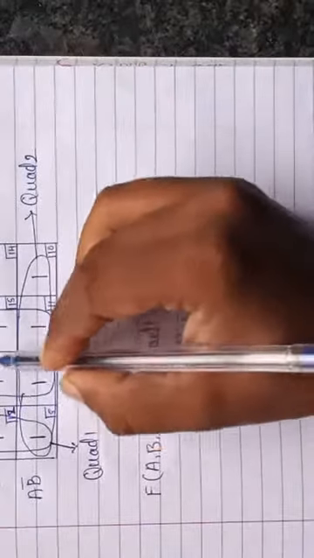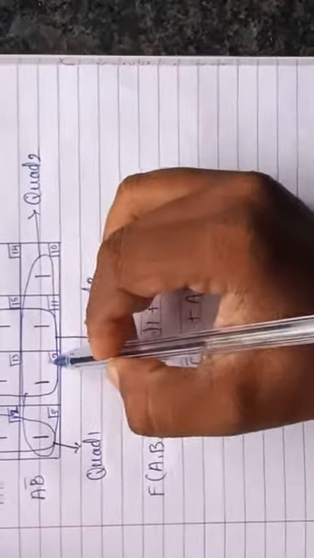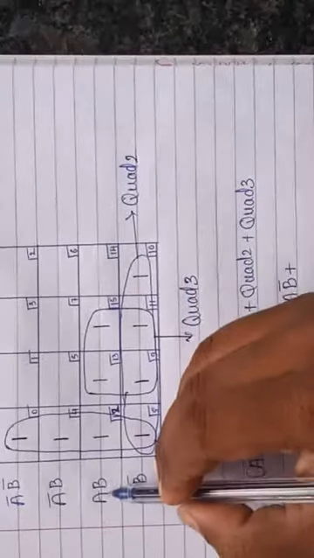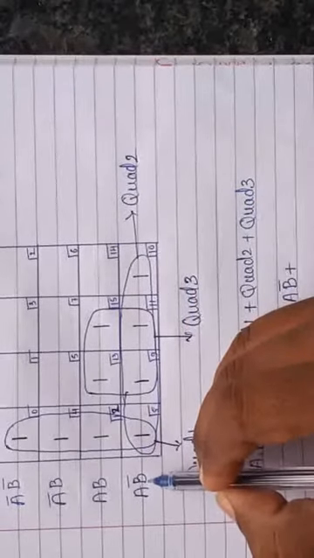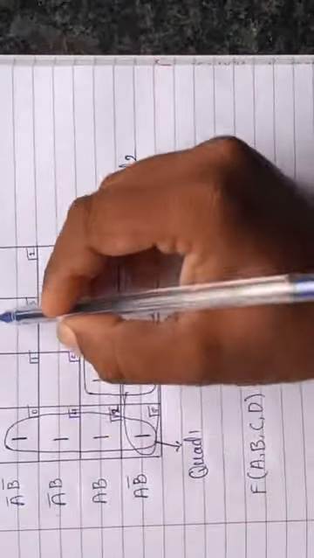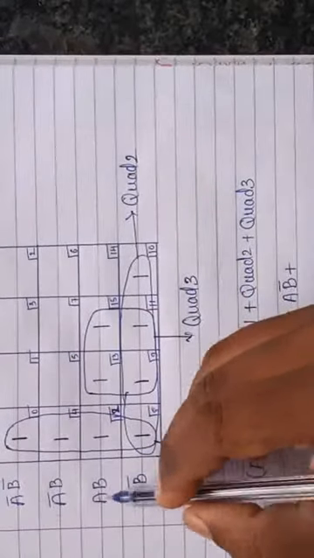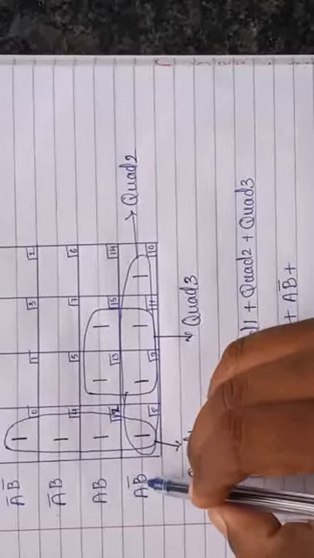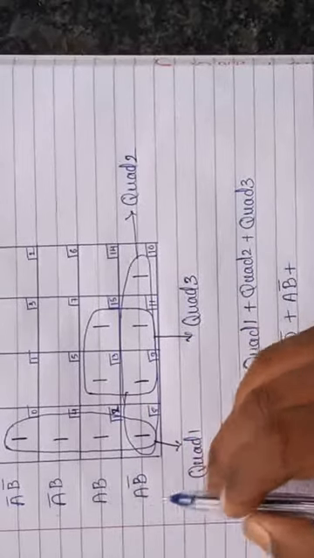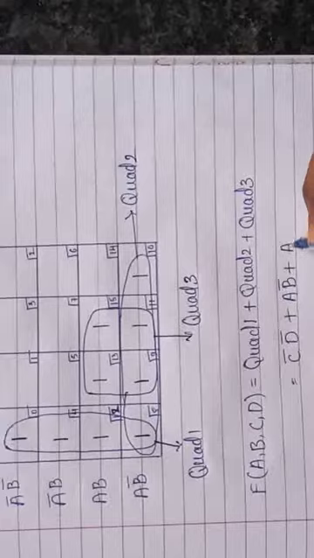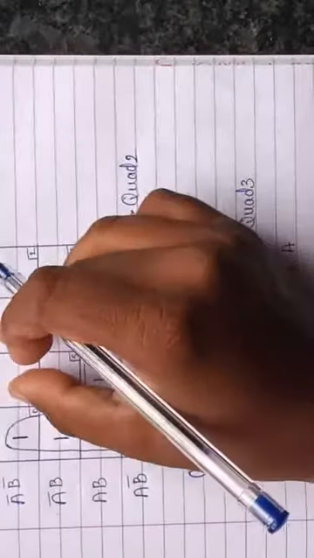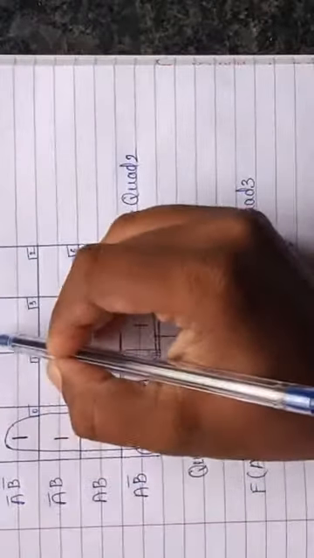Next, quad 3. The terms related to quad 3 are A B bar, then C bar D, C D. Here A remains as it is, B bar gets cancelled, so the common term is A. Now in the columns C bar D, C D are there.